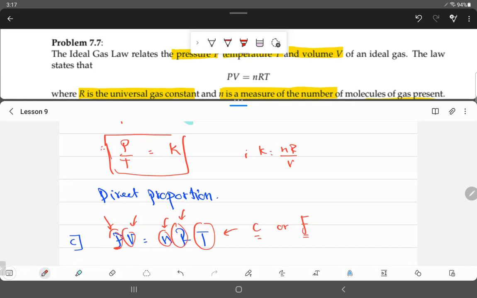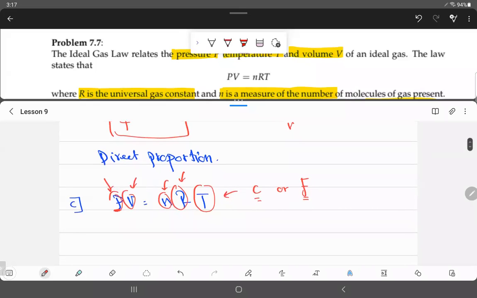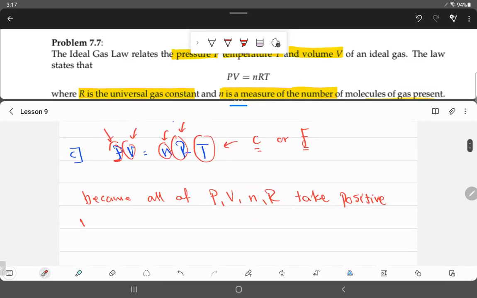So because P, V, and R take positive values, or maybe zero, the temperature T is always positive.